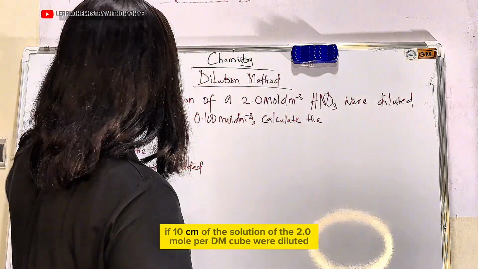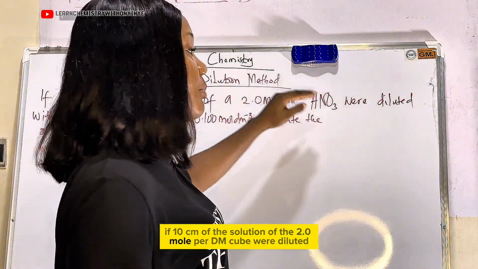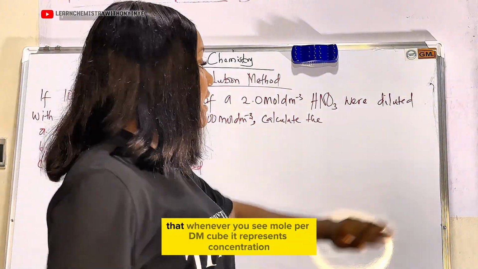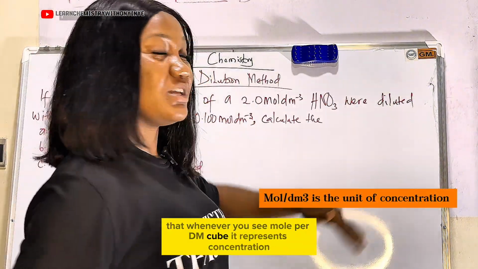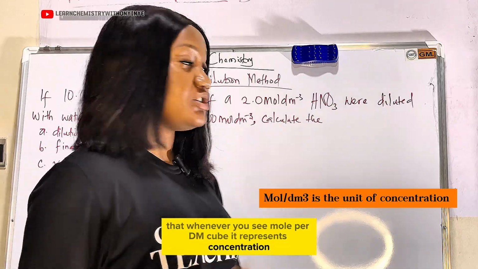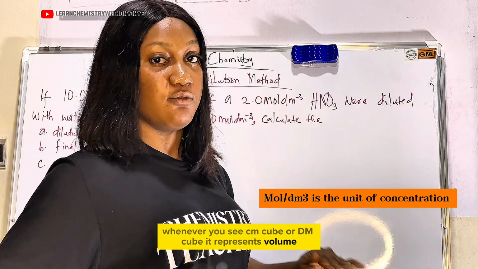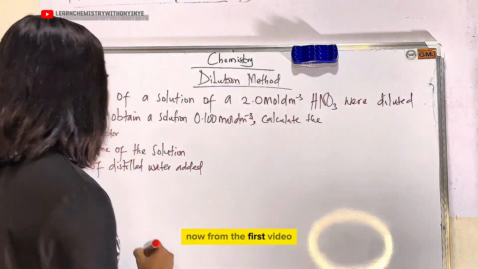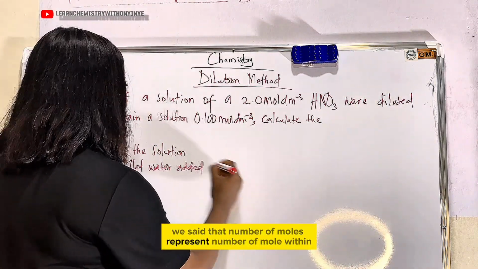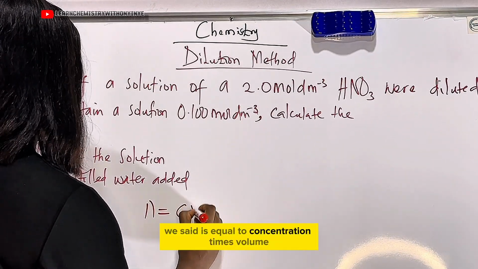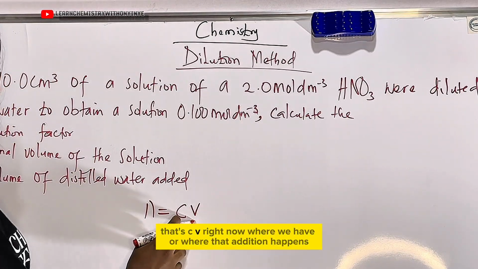It said if 10 cm cube of a solution of 2.0 mole per dm cube were diluted. From our first video, we had explained that whenever you see mole per dm cube, it represents concentration. Whenever you see cm cube or dm cube, it represents volume. Number of moles, n, is equal to concentration times volume, that's CV.